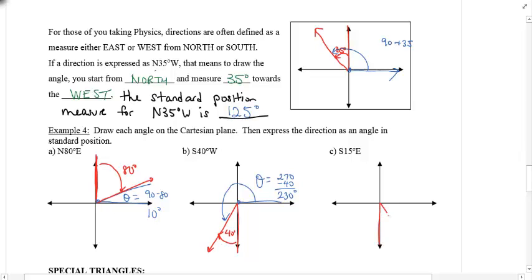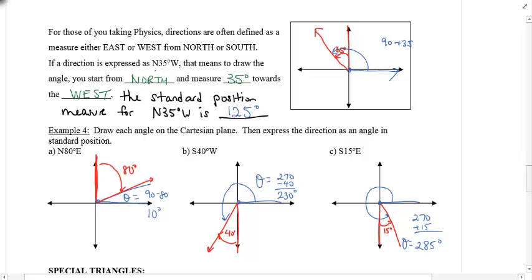Let's go 15 degrees to the right. My standard position angle, 270 plus 15. How about 200? Oops, 85 degrees. Cool.